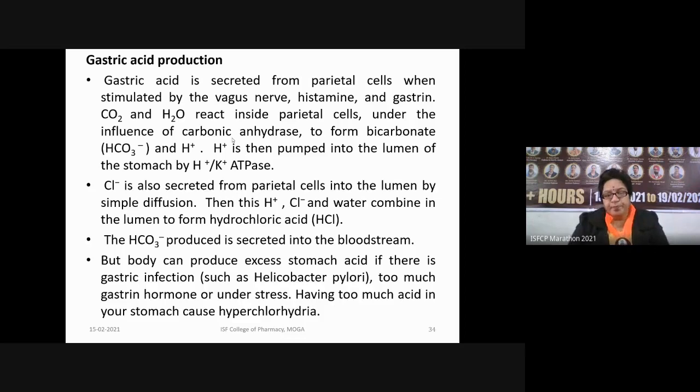Our body does not need anything hypo or hyper. Hypertension ho to problem, hypotension ho to problem, hyperglycemia to problem, hypoglycemia to problem. Hyperchlorhydria then problem, hypochlorhydria then problem. So it has to be in a normal range. So too much acid in the stomach will lead to hyperchlorhydria.